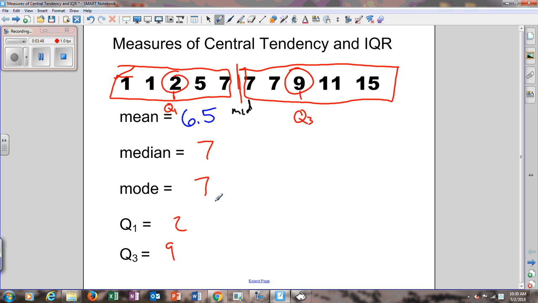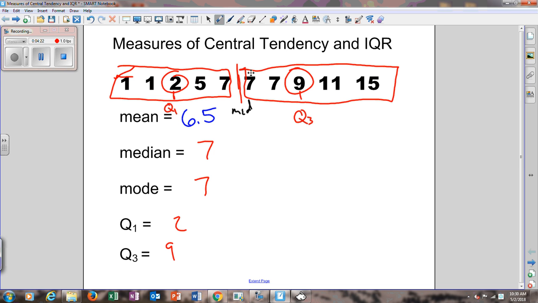Now basically, here's how median, Q1, and Q3 work. The median tells me that 50% of the data falls on this side and 50% falls on this side, right? Then Q1 and Q3 tell me that of that 50%, I can cut it in half, and basically including the 2, 25% would be over here and 25% over here.